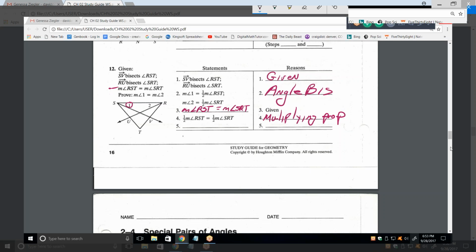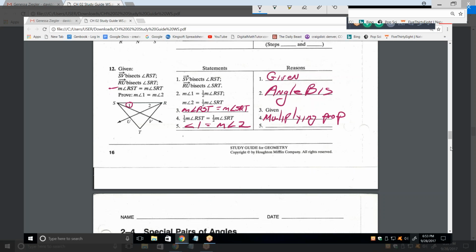Okay, and now the last one has to be what we're trying to prove. And what's that based on? The transitive? No, substitution.